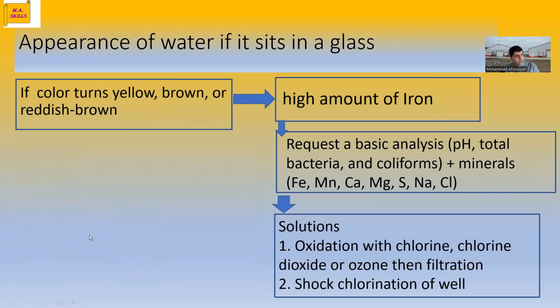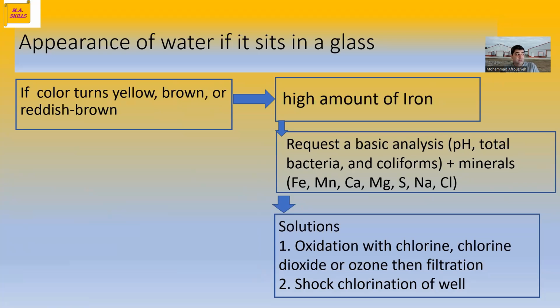So if you let your water sit in a glass for a while and then you see the color turns yellow, brown, or reddish brown, in that case, it might have a high amount of iron. Again, you need to send your water sample to a lab requesting basic analysis plus mineral analysis, especially iron.